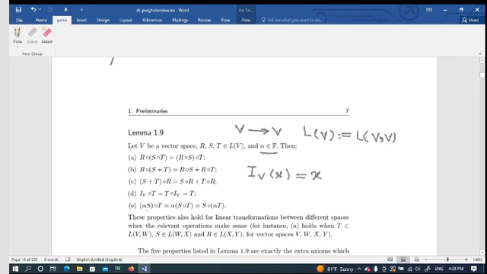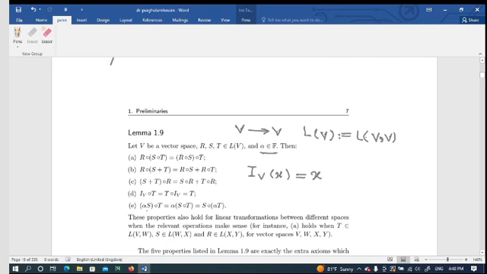Alpha(S∘T) equals (alpha S)∘T. So we can enter alpha into the parentheses, or we can get alpha out of the parentheses, and we have these equations. These properties hold for linear transformations between different spaces too.